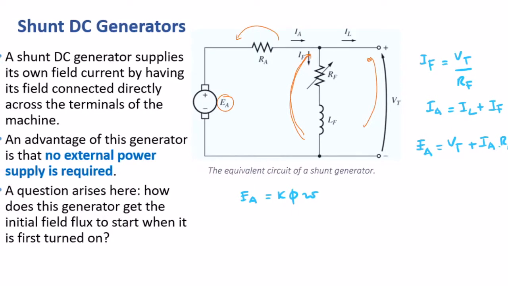Okay, now let's go back to the question that we discussed before. How do we get the initial field flux? Why does this become a question? If you now look at this equation here, the one in the middle, EA equals K flux omega.